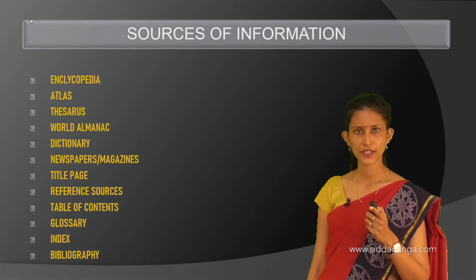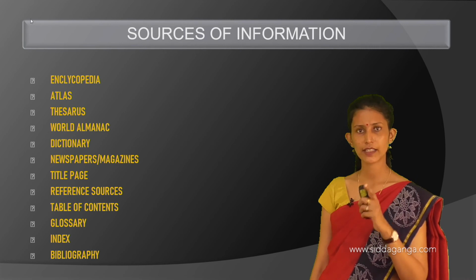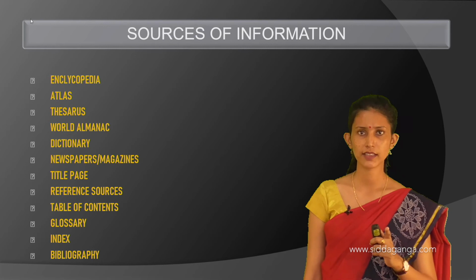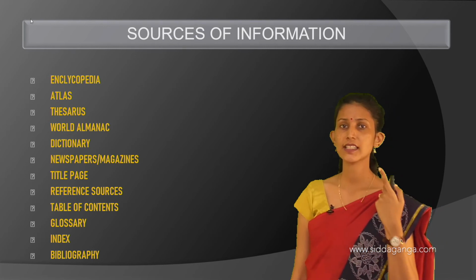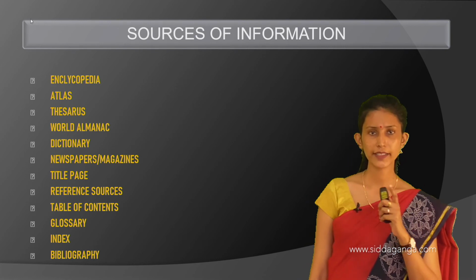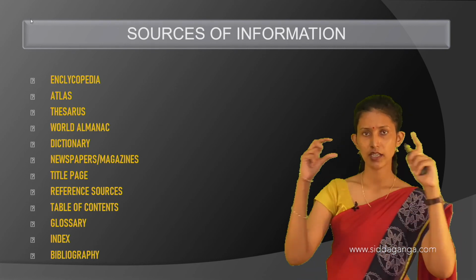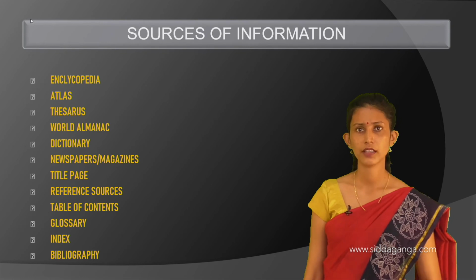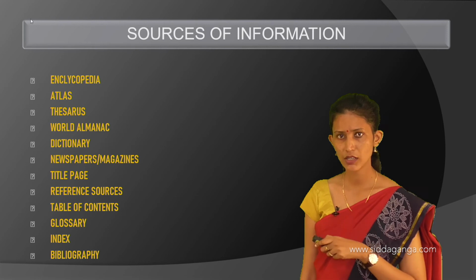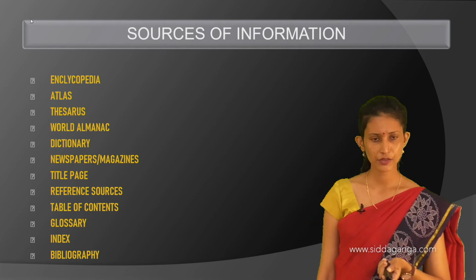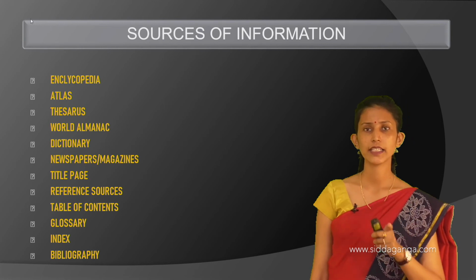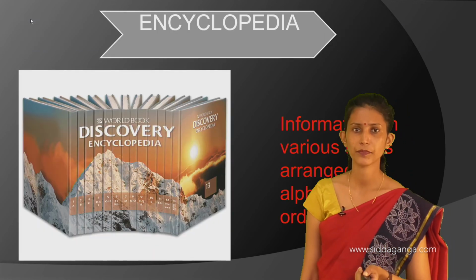A dictionary is where you find meanings and other functions like spelling, pronunciation and grammatical functions. A newspaper and a magazine are like the Times of India, the Week, the Frontier. The title page has the name of the book, the name of the author, the publishing city, publishing house, and year. Then reference sources: under these come the table of contents, glossary, index and bibliography.